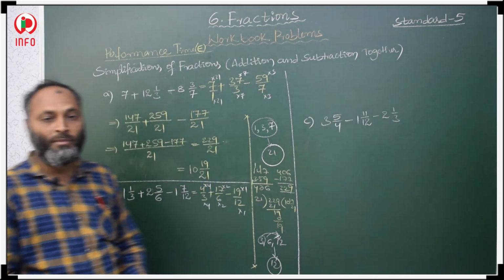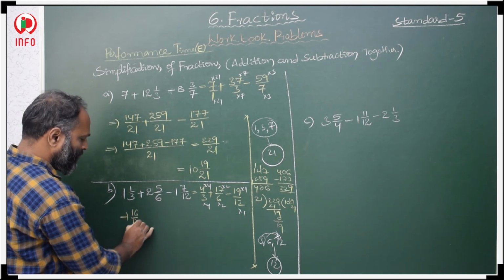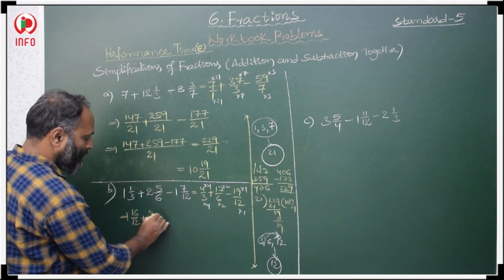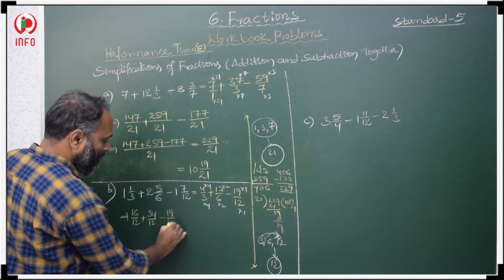Once again, if two numbers are factors of the third bigger number, then the bigger number is the LCM. 4 4s are 16, 17 2s are 34 by 12, 19 1s are 19 by 12.